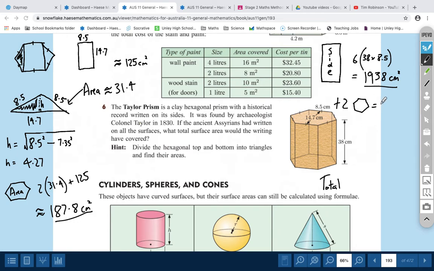Which is 2 lots of 187.8. Now if I just do the 2 times 187.8, I get 375.5. These are approximate answers, 375 and a half centimetres squared.